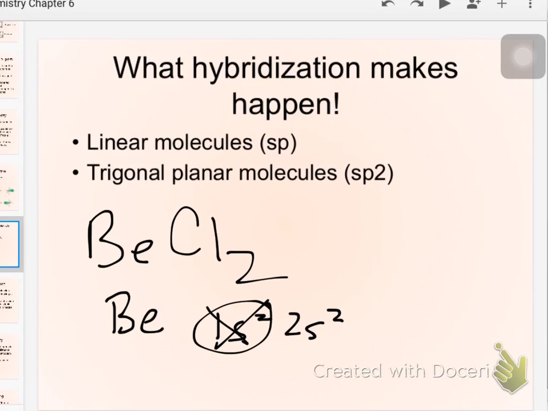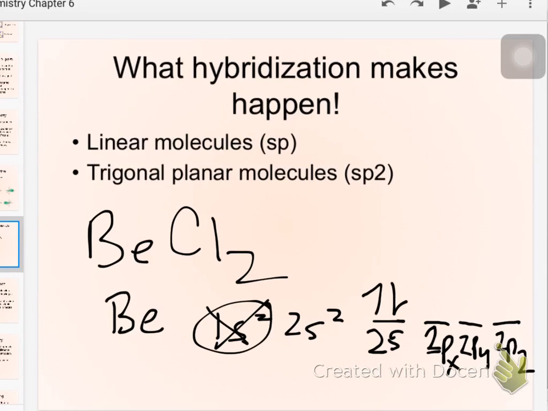So if we look at beryllium, we've got 2s, and then we have those empty orbitals: 2px, 2py, 2pz. There's nothing in those. They're just empty.